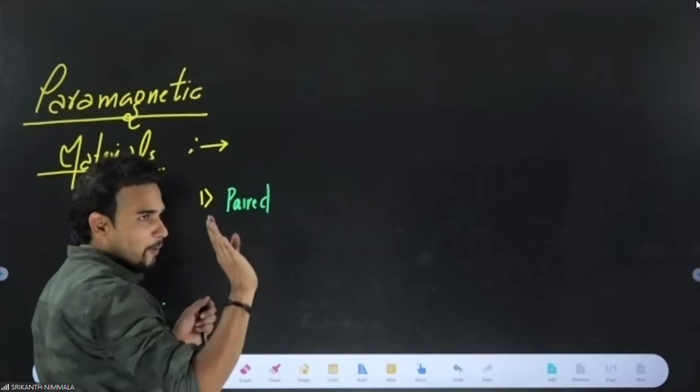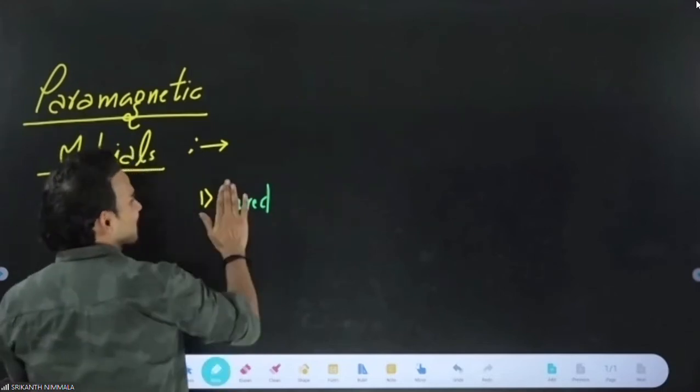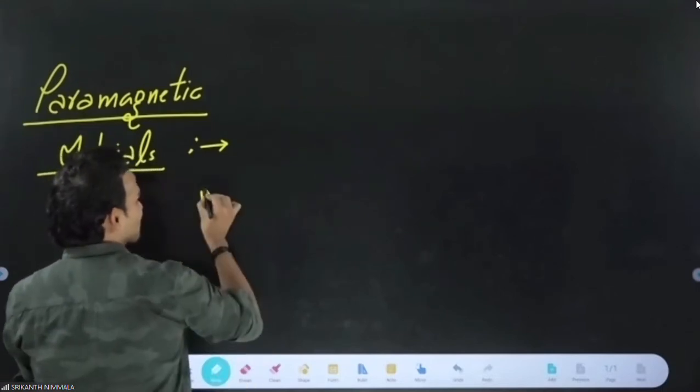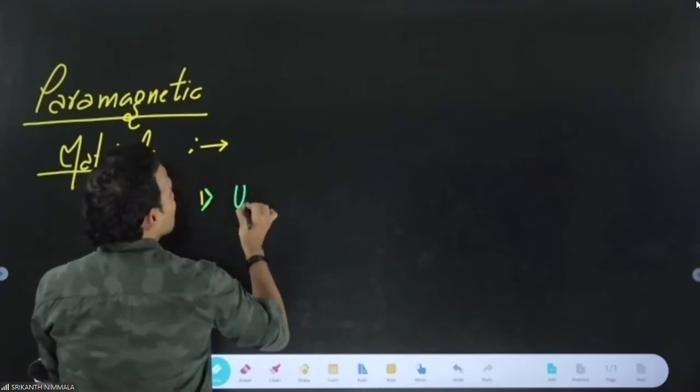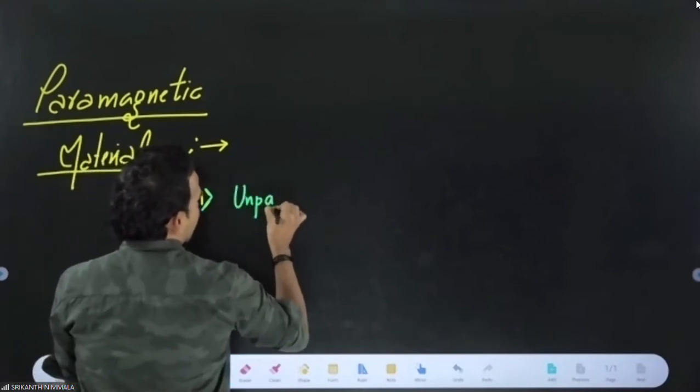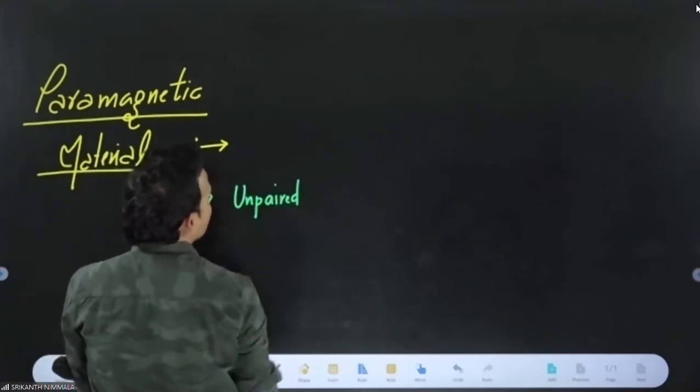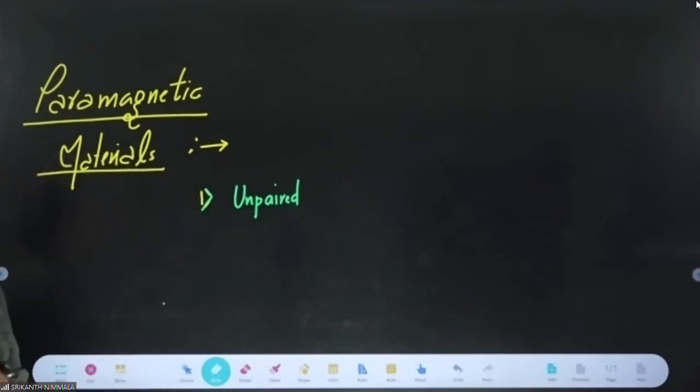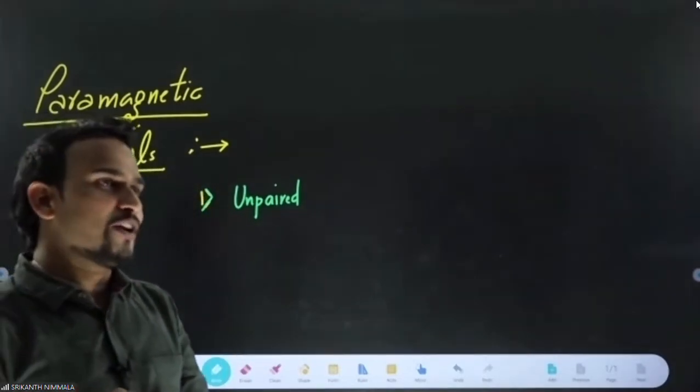Sorry, I was changing the color, so my mind was deviated. It is a property of unpaired electrons.